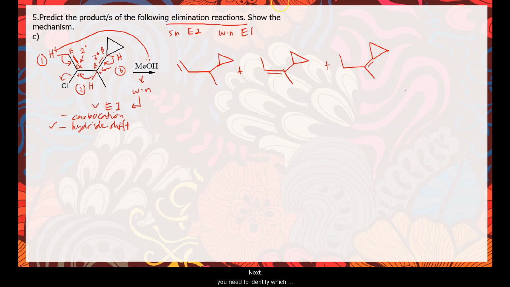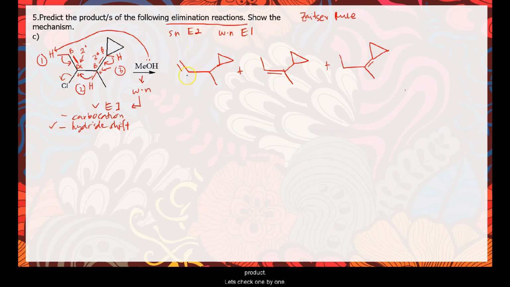Next, you need to identify which one is the major product among these products. By following Zaitsev's rule, the compound that gives more alkyl groups attached to the C double bond C will be the major product. Let's check one by one.